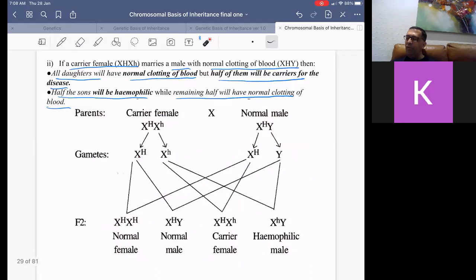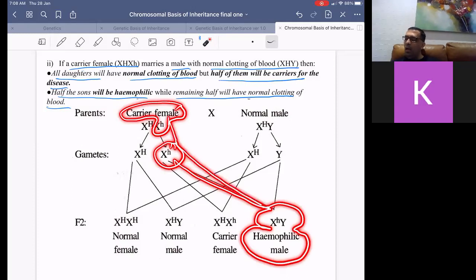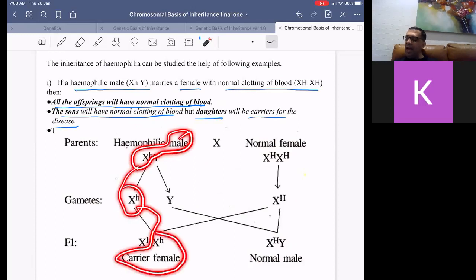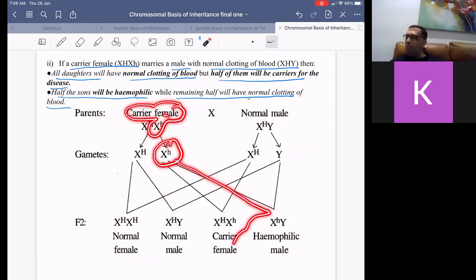And from the carrier female, it has gone via gamete to the hemophilic male. First, the disease had gone from male via gamete to the carrier female, and then from the carrier female, it has gone via gamete to the hemophilic male.